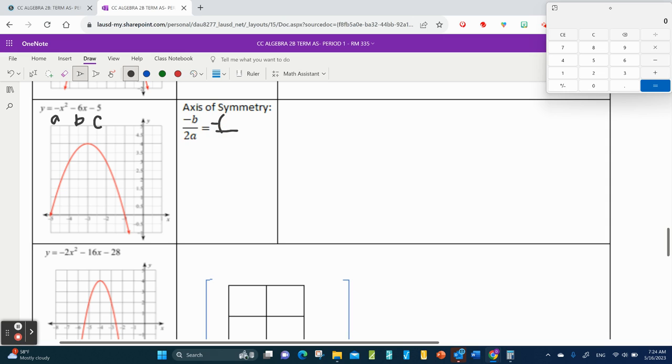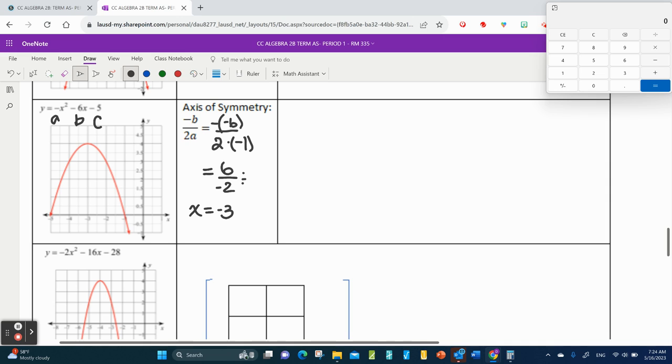B is already a -6, so an extra -6 all over 2 times A. So that will be 2 times -1. The negative and negative become positive, so this now turns into just a regular 6 over -2, which means that now if I divide, I'm going to have that x is equal to -3.